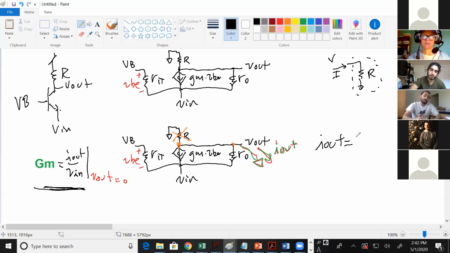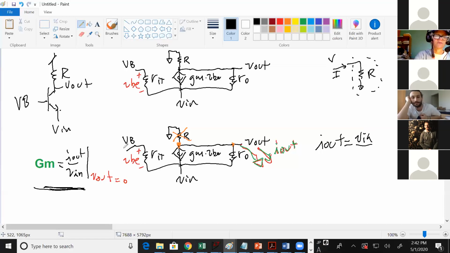V in over, I guess, 1 over GM in parallel with R pi. Okay, you're right. I didn't have this grounded over here. Applied to V in times GM. Okay. So, shoot, we didn't do the other simplification. You're right.